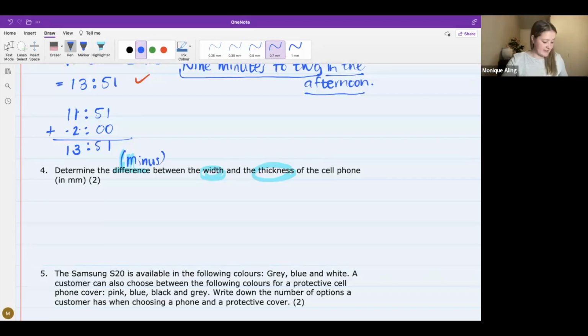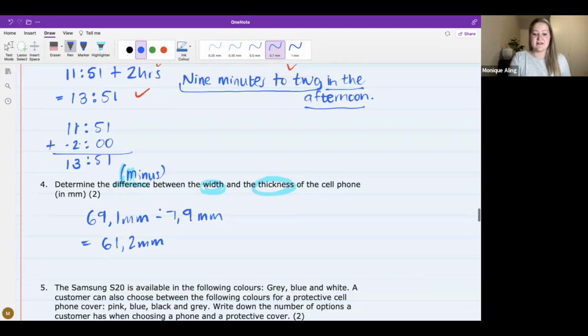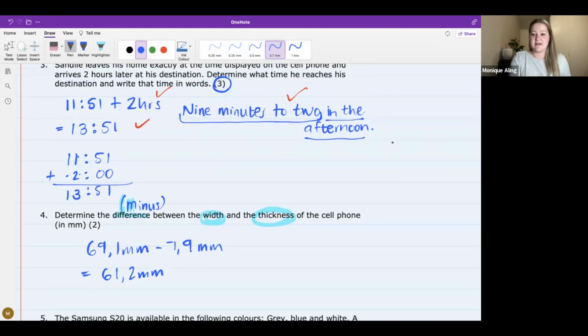So we take 69,1 minus the thickness. Nice, I see we all got that. Okay, well done, everyone.